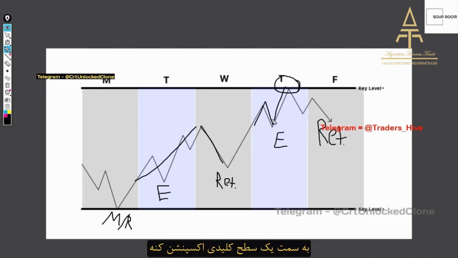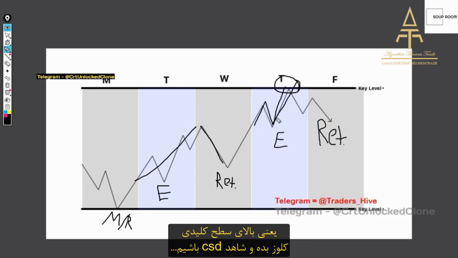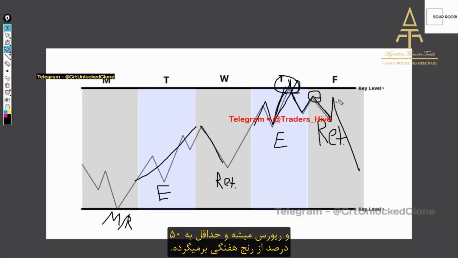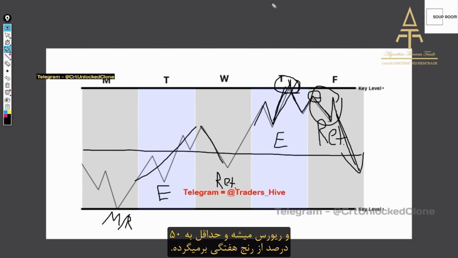If Thursday's price action expands into a key level, and when I mean expand, we close into the key level and then we come down, seeing a change in state of delivery, it's likely that Friday is not simply a retracement to continue upwards. Friday will be a complete reversal of the market, heading towards at least the midpoint of the weekly range.